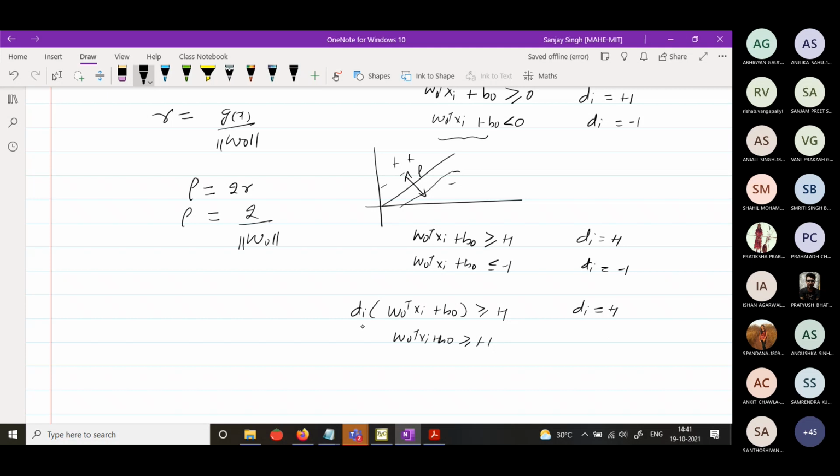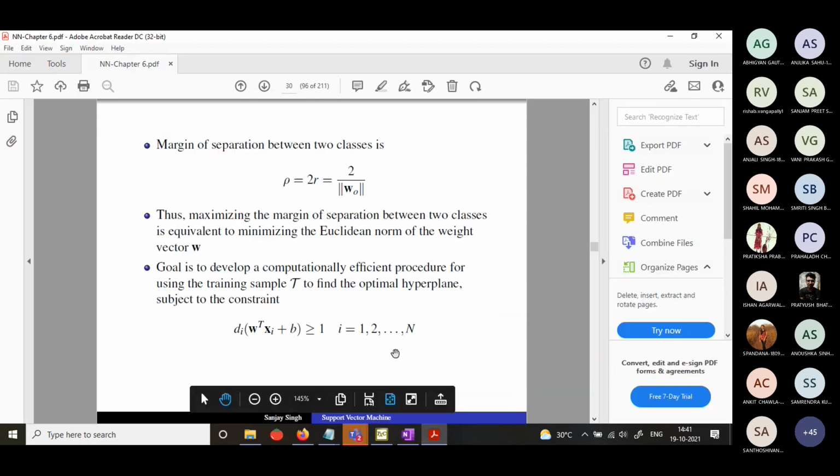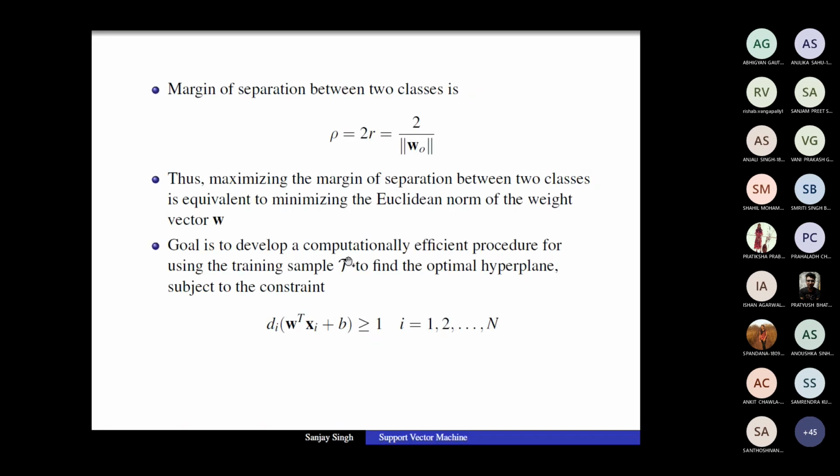But when di is -1, the inequality will change when you multiply with the minus: W0ᵀxi plus b0 less than or equal to -1. This will be there. For that sake only, we are saying that we want to maximize this rho subject to this particular condition.